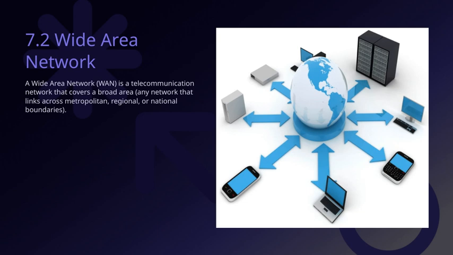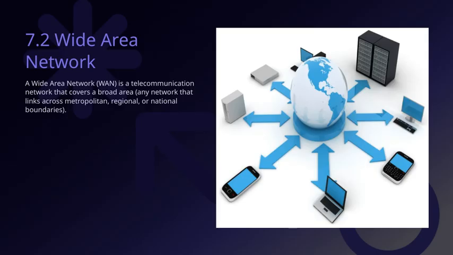What's really important to understand here is that WANs enable communication and data exchange over large geographical areas, making them essential for organizations that operate across multiple locations. This differs from local area networks, which are confined to a single building or campus.